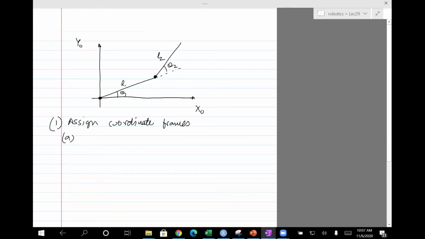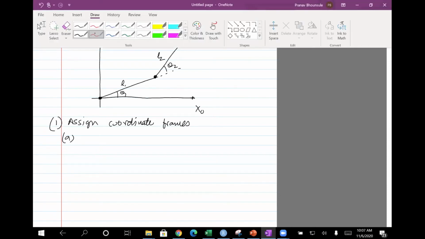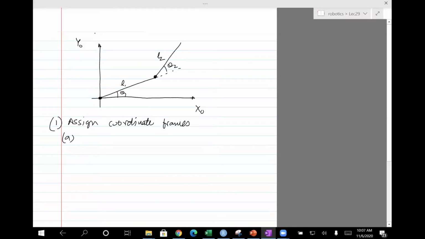If there's a robot with n degrees of freedom, there would be n axes of actuation. So let's assign axes here for link 1. So that will be z0. And then for the second one, z1. Okay, so that completes A.